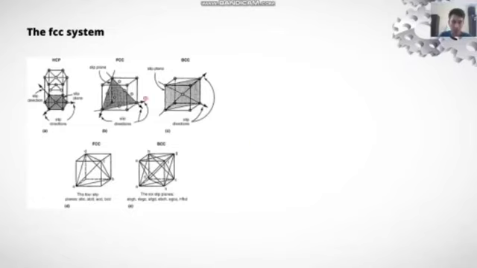The FCC system has 4 slip planes, each with 3 available slip directions. The total number of slip systems, or combinations of a slip plane and a slip direction, is thus 12.